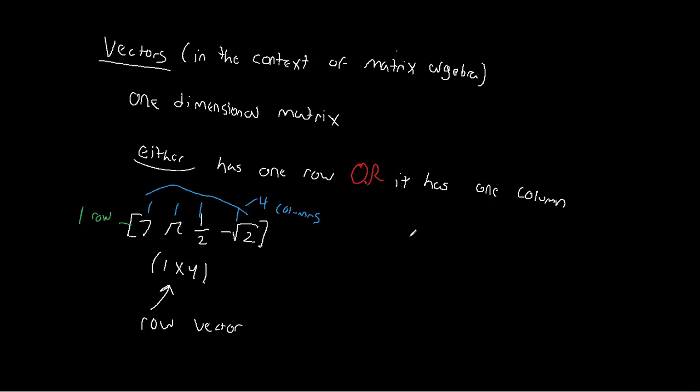Let's say we took those same numbers, right? 7, pi, 1/2, and negative root 2, right? And we encapsulate them like this, where instead of being next to each other, they're now on top of each other like this, where we now have 1, 2, 3, 4 rows and only 1 column.